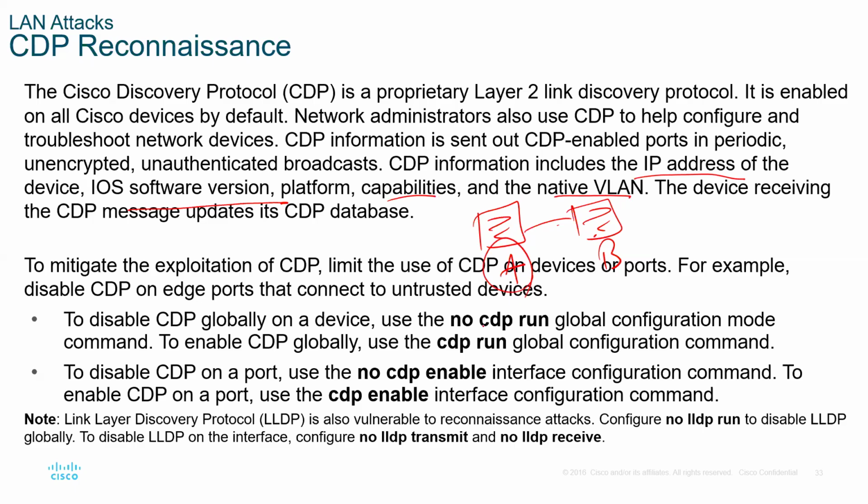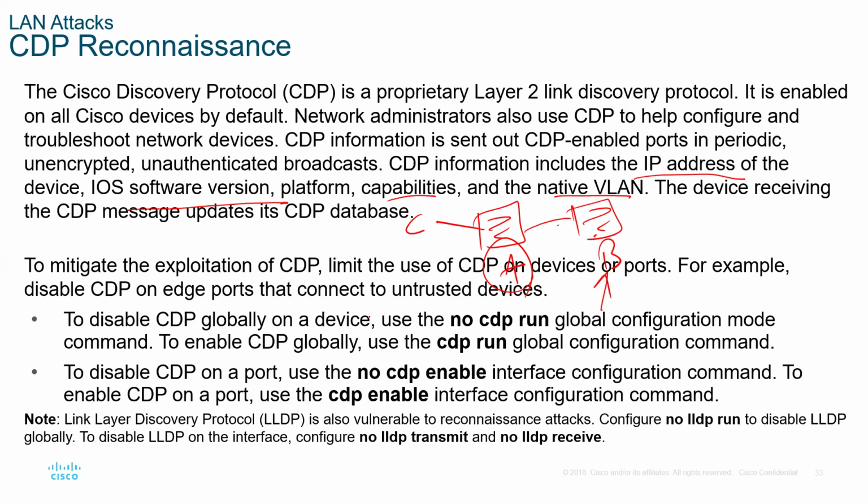So switch A, device A, I can get to know the IP address of device B. If I have another device connected to me, device C, I can also know the IP address of device C. That's a problem security-wise.